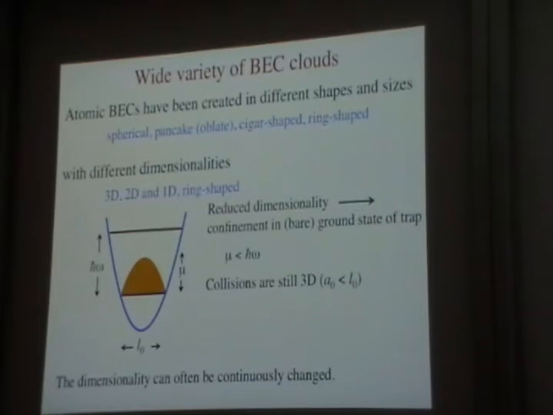BECs can be made in a wide variety of shapes. Atomic BECs have been created in different shapes and sizes: spherical, pancake, very oblate, cigar shaped, very long, even ring shaped. You can also squish down one dimension very tightly, or even two dimensions very tightly, to create effectively reduced dimensionality BECs.